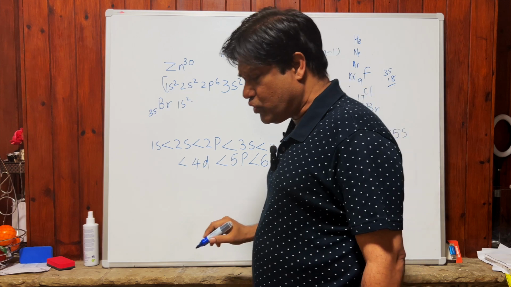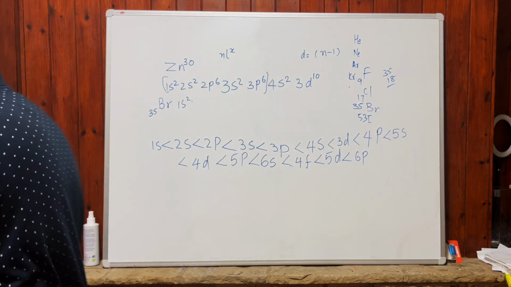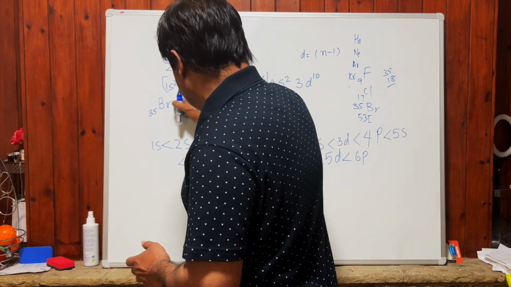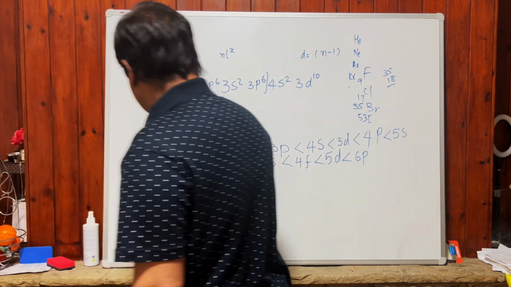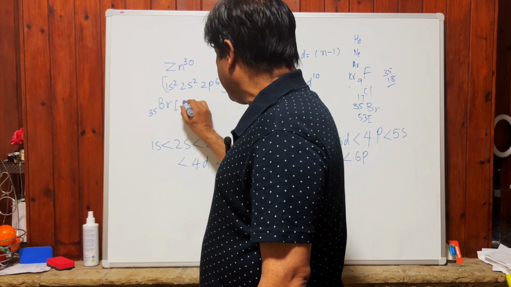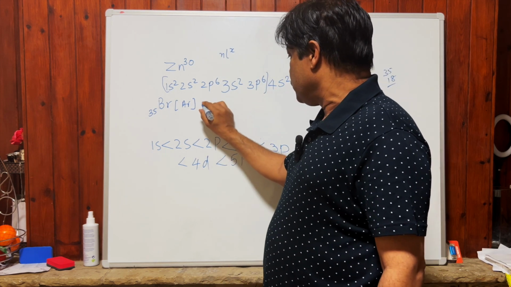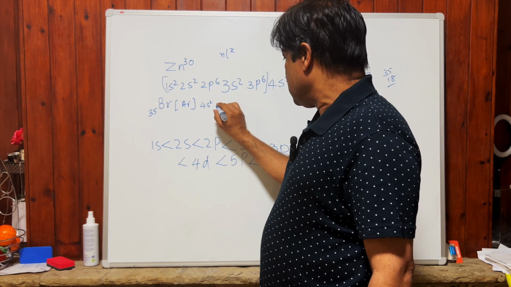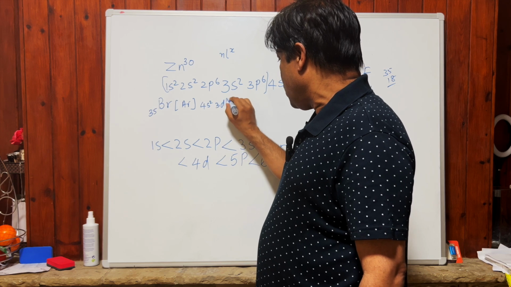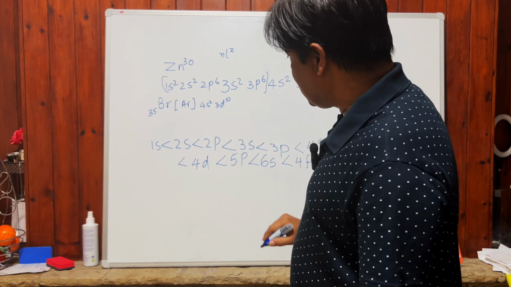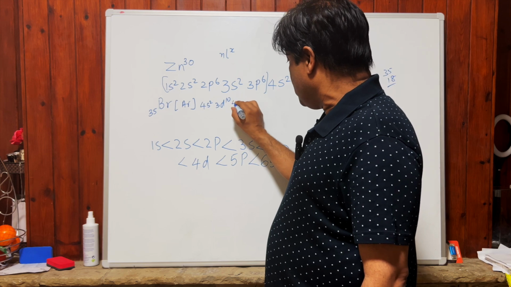You can write the short form of argon in brackets, Ar, meaning the electronic configuration of argon. What's left? 4s2 left, 3d10 left. How many electrons? 5 electrons left, 4p5.